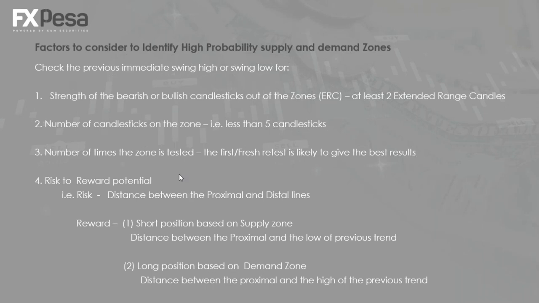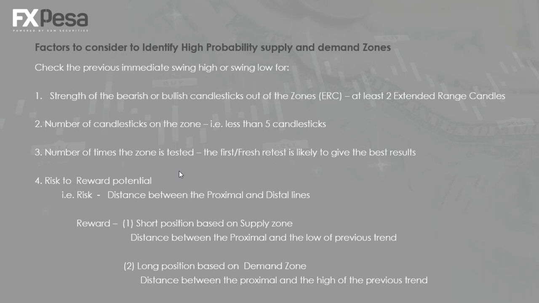The third factor to consider is that the number of times the zone is tested would also determine how you will trade that zone. So how many times has a support zone or demand zone been tested? An area can be retested more than one time.